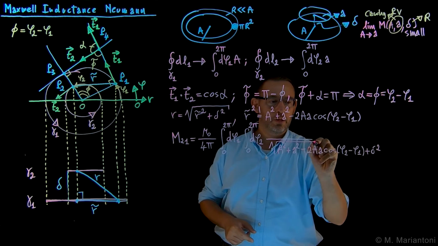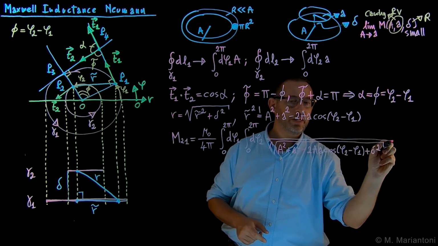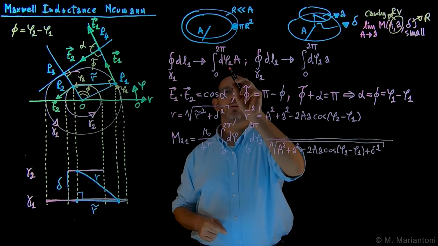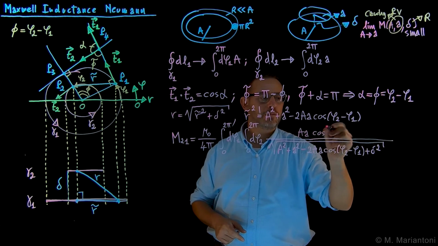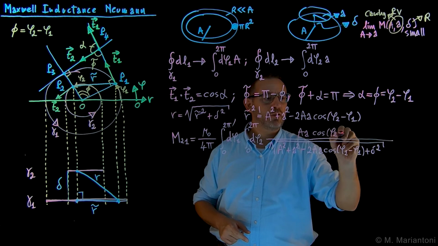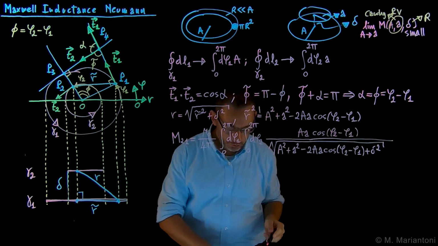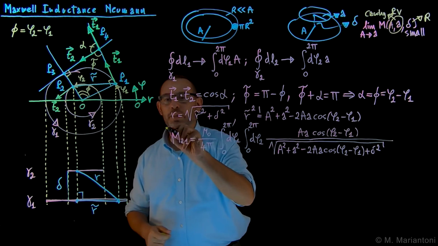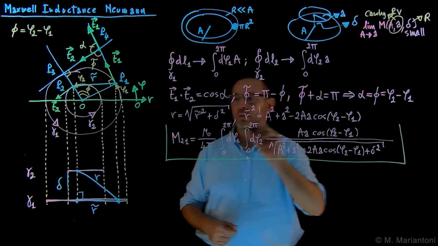That's cosine theorem plus Pythagorean theorem in one. This is denominator. T1 dot T2 is cosine of alpha, but of course we need to remember also a and a, so it's aa times the cosine of alpha, which is bar phi 2 minus bar phi 1. So we have a beautiful integral just in bar phi 1 and bar phi 2. So let's circle this, which is worth doing. So this is the mutual inductance between these 2 loops, okay?